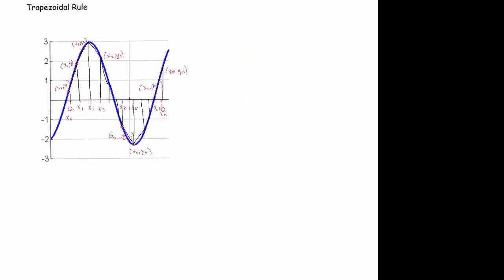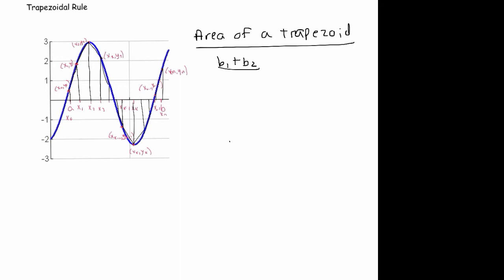Alright, so let's just remind ourselves what the area of a trapezoid is, or the formula at least. The area of a trapezoid is the average of the two bases, that includes the dividing by 2, times the height.